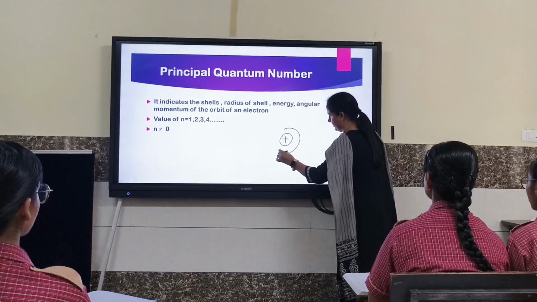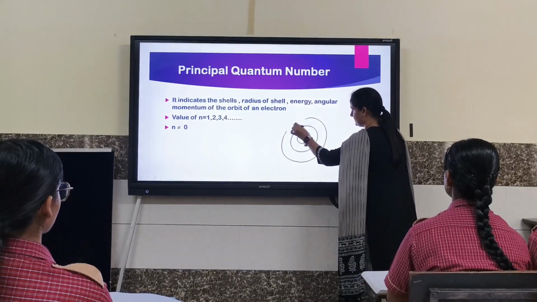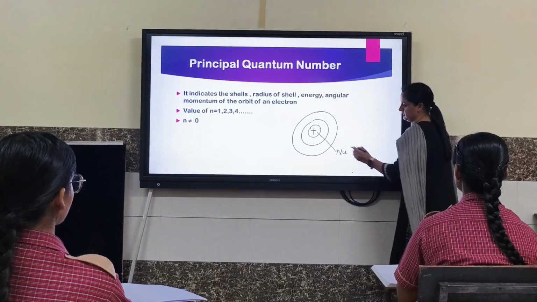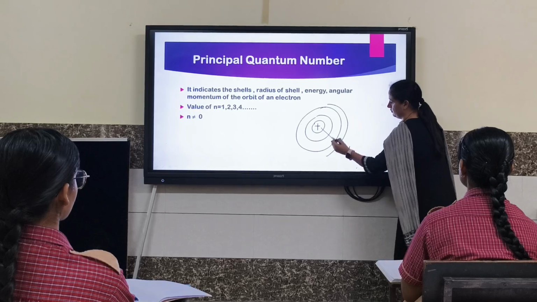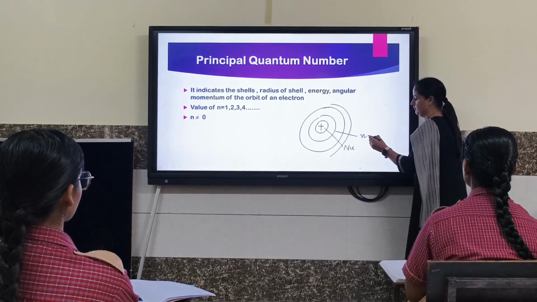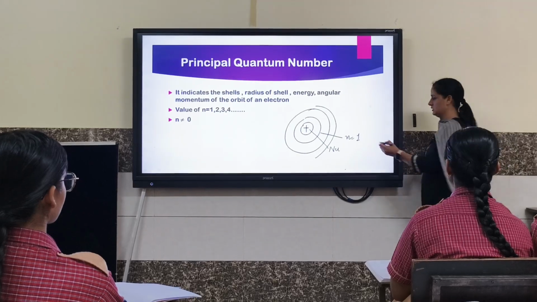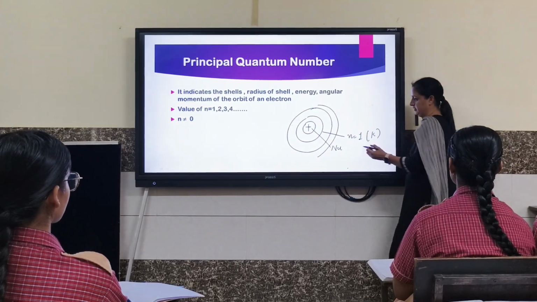As you already have studied Bohr diagram in your previous classes, this is nucleus, right? This is the first shell. The value of n for the first shell will be 1. The first shell is also known as K shell, right?